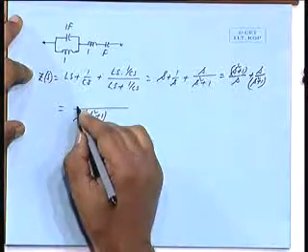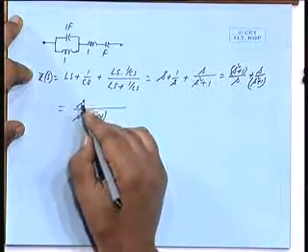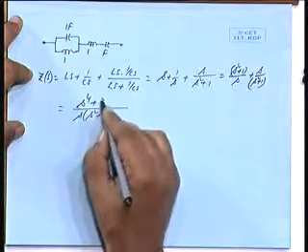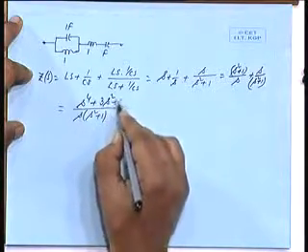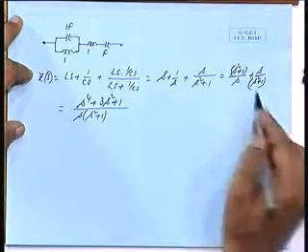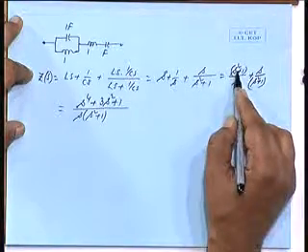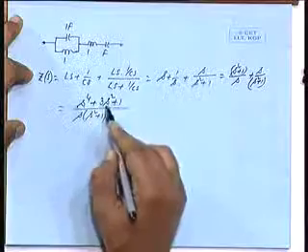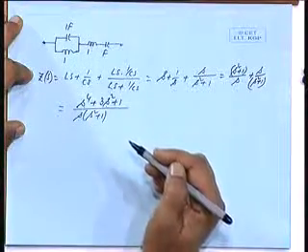S squared plus 1 whole squared plus S squared. So S to the power 4 plus 3S squared plus 1. Simplify this, S squared plus 1 whole squared plus S squared. So it's S to the power 4 plus 3S squared plus 1.